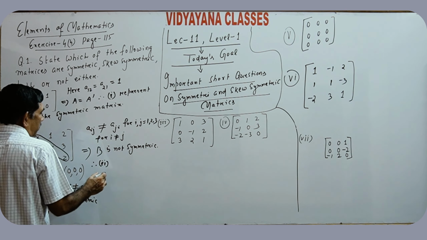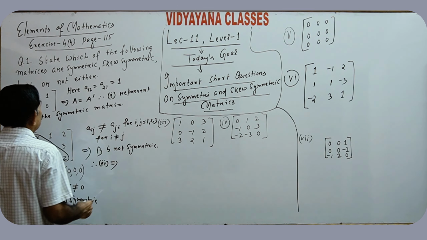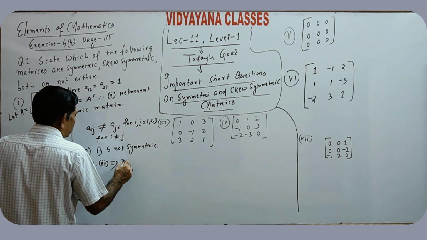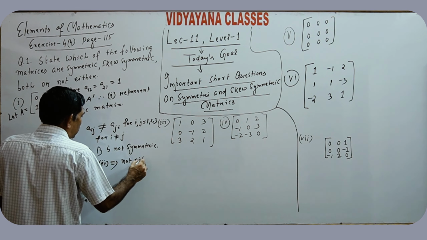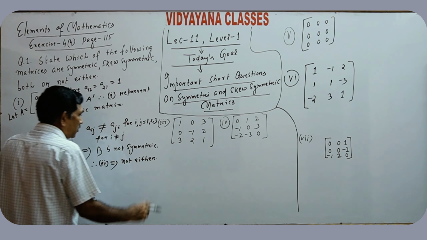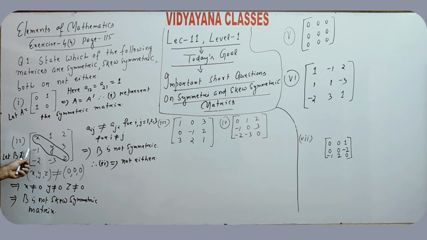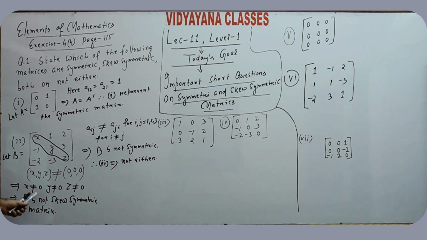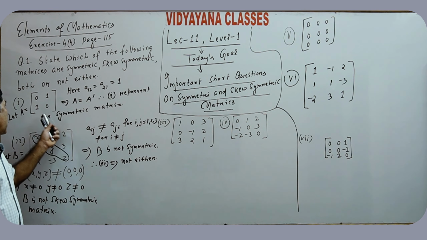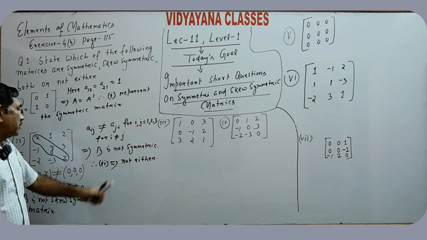So second bit implies not either. That means B is neither symmetric nor skew symmetric.